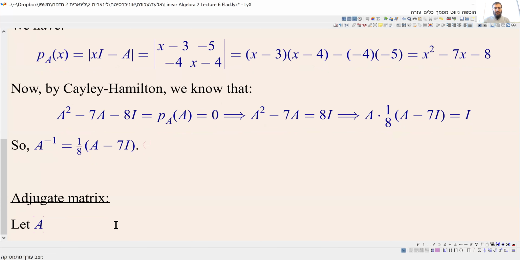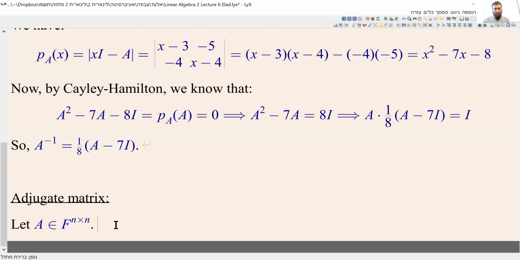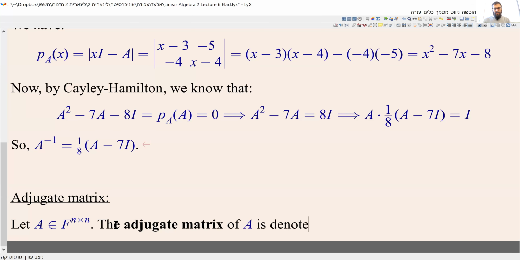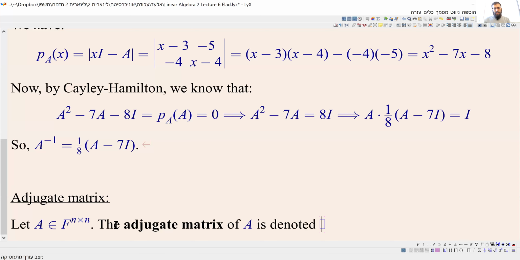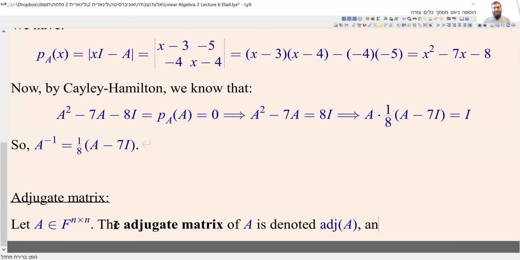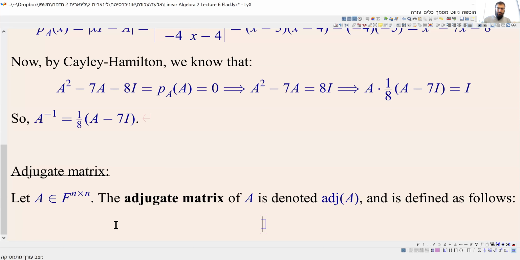Let A be a matrix of order n. The adjugate matrix of A is denoted adj of A, and is defined as follows, element by element.